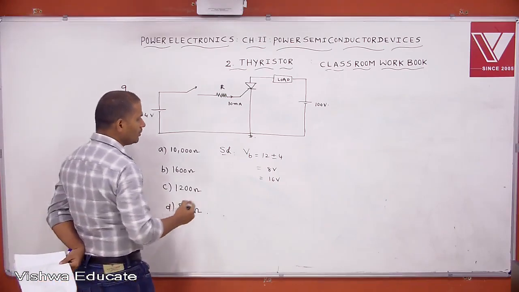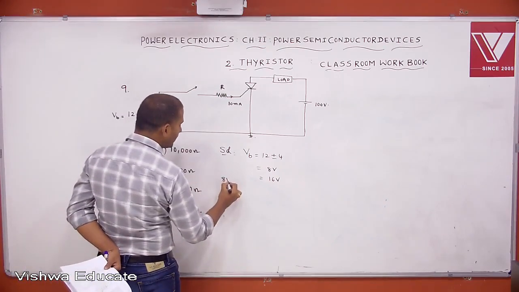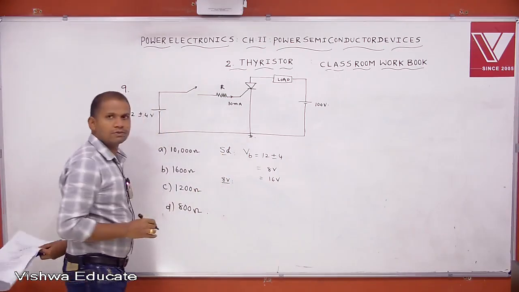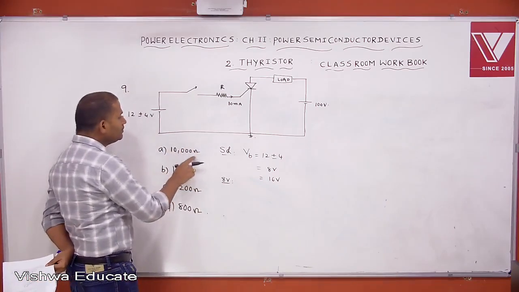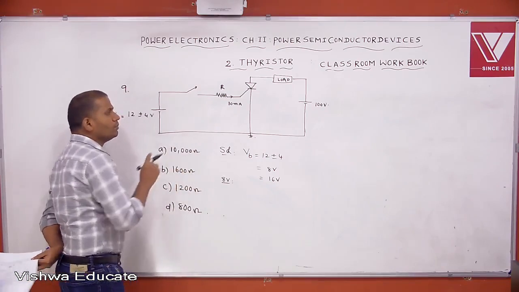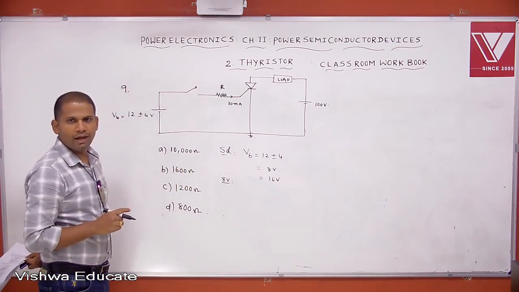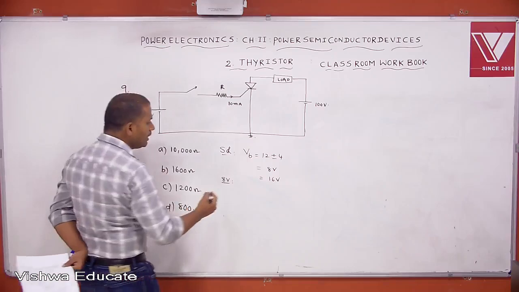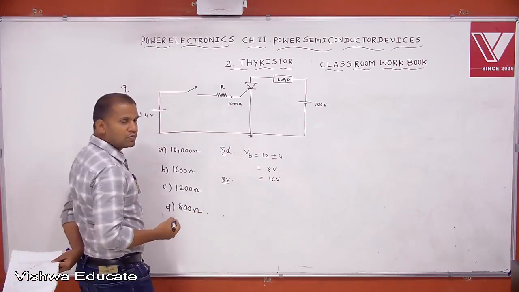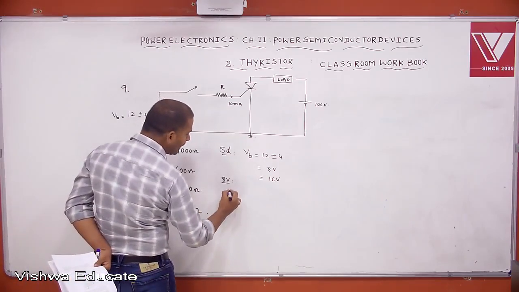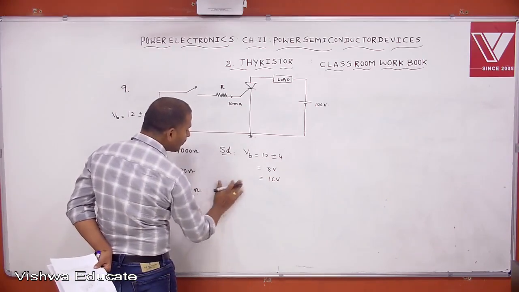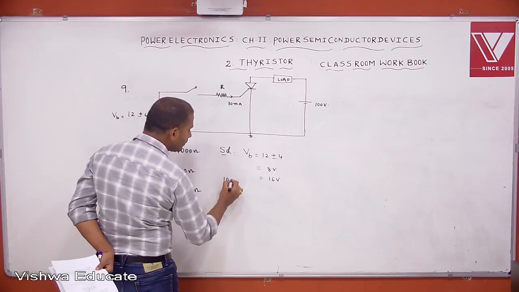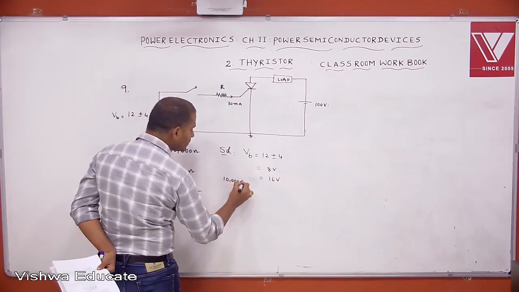For example, take 8 volts connected and 10,000 ohms. What is the current? We are checking for 10,000 ohms.